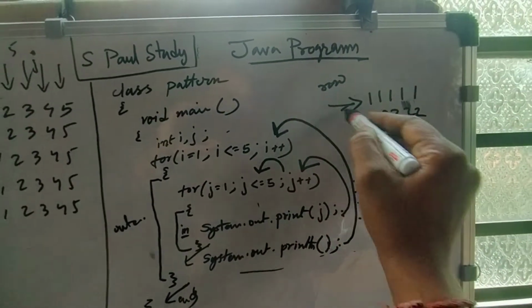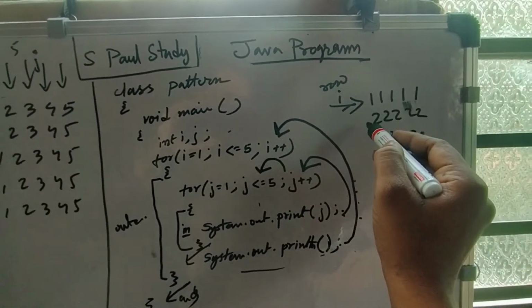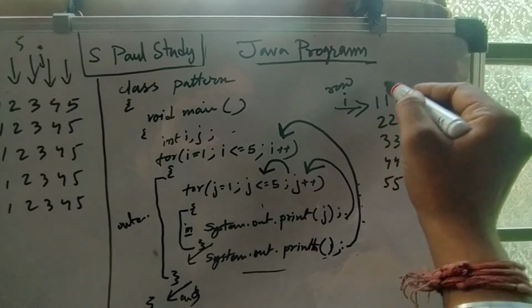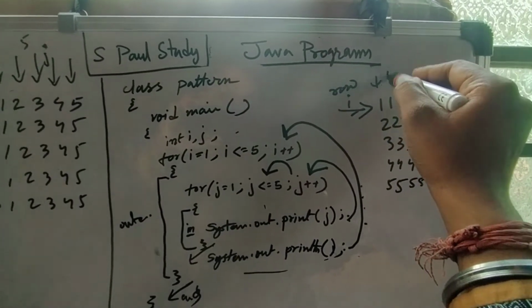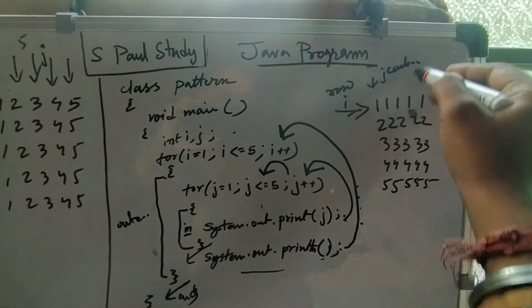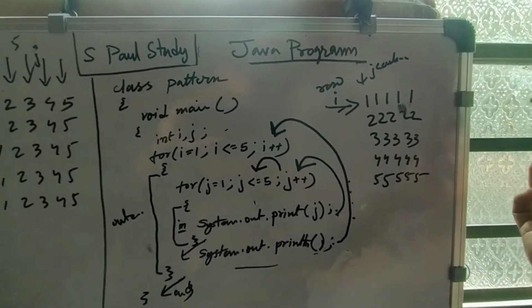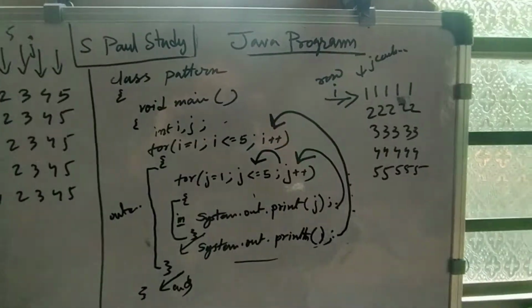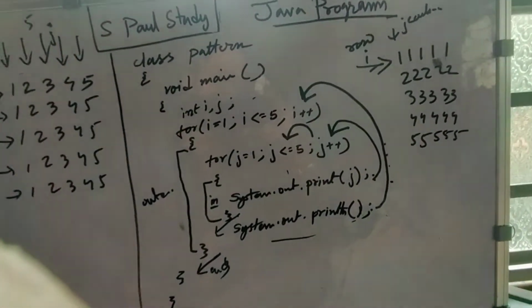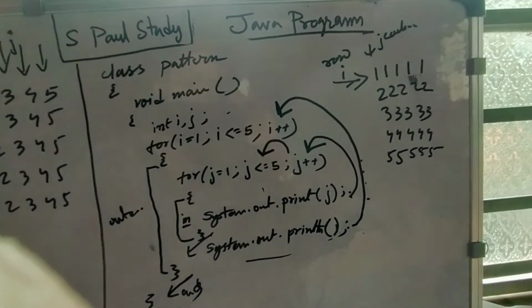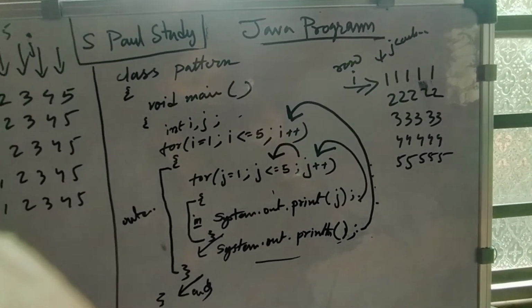For this row the value of I is 1, and the value of j for column is also 1, 1, 1. For the first row, the column must be printed as 1 1 1.